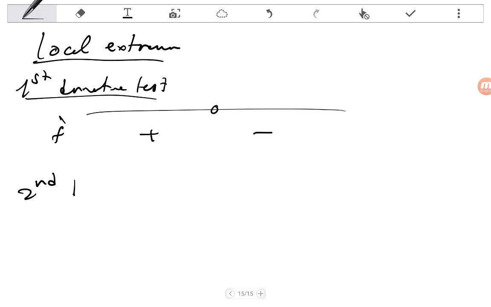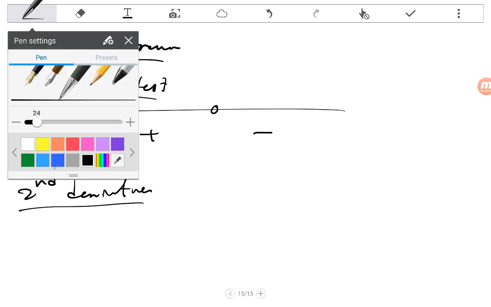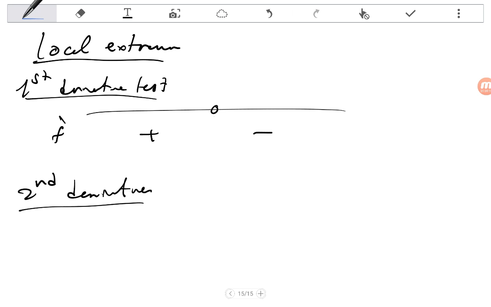We have another test, which is called the second derivative test. Maybe sometimes easier, you just check the second derivative at the critical point. Why?